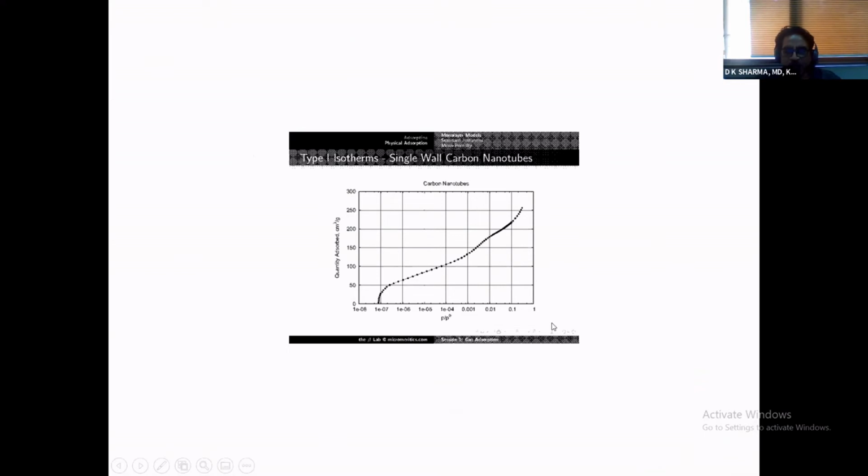When we have to measure a microporous sample, we have to measure this isotherm data right from less than 10 raised to the power minus 7 P by P0 relative pressure onwards. That is where we have to make the measurements, and for this your instrument requires slightly more stringent conditions.